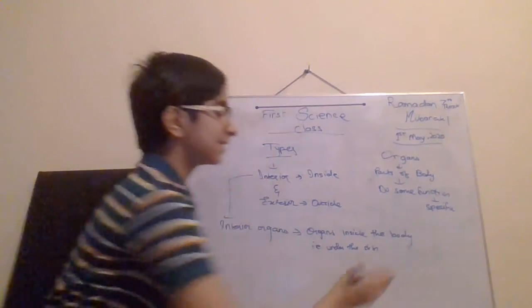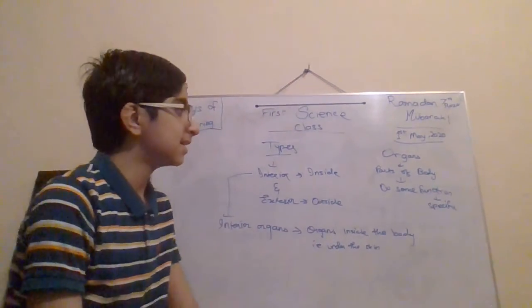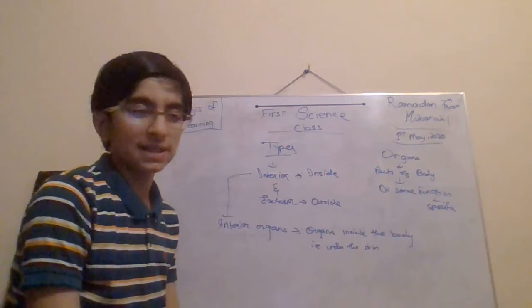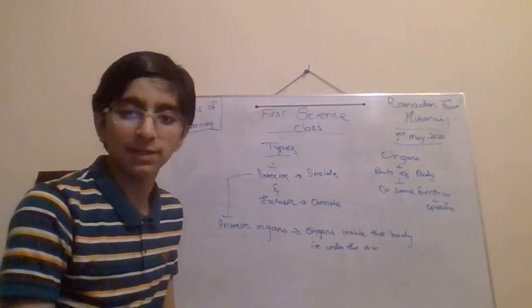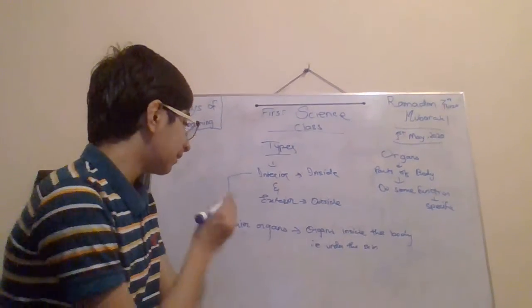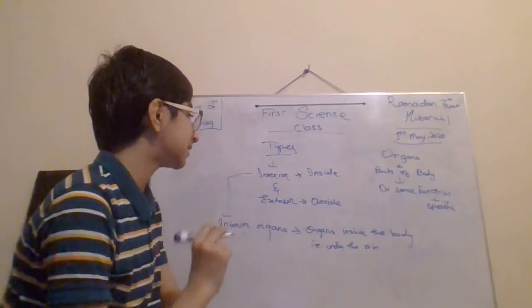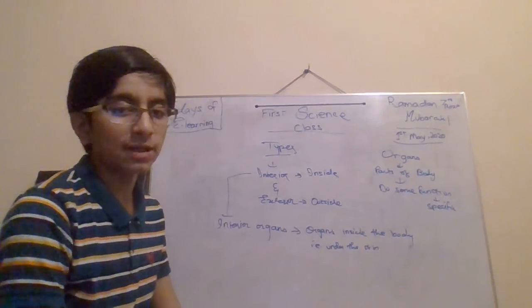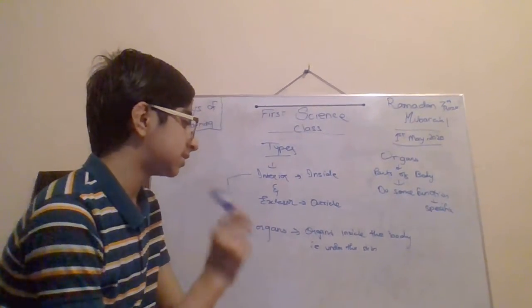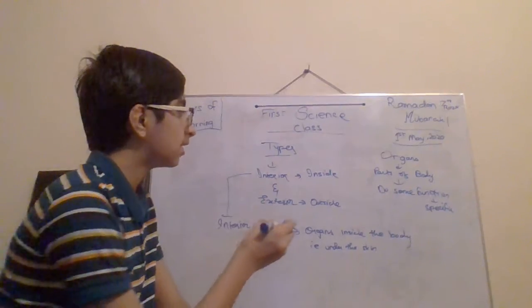This is the basic definition of organs, which is parts of the body which are designed to do some specific function which is different from all the other body parts. So now we have discussed the interior organs, which are organs which are inside the body, which means organs which lie under the skin.